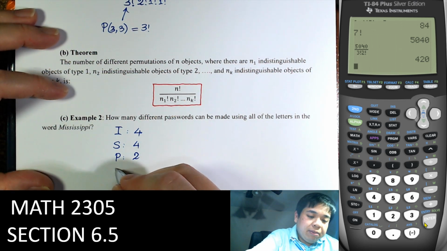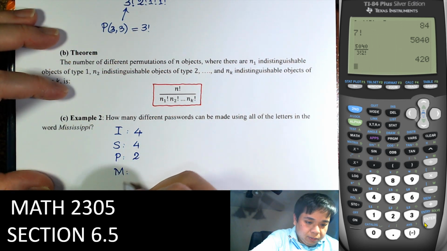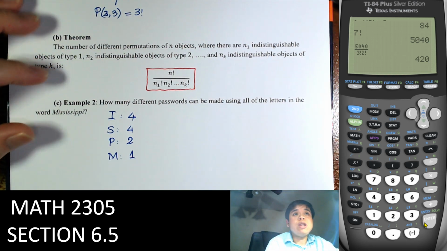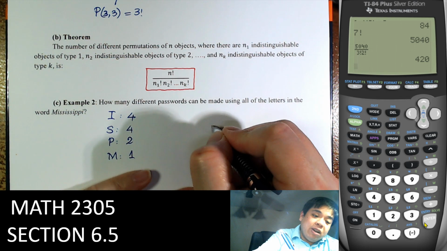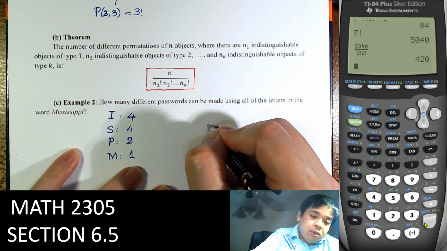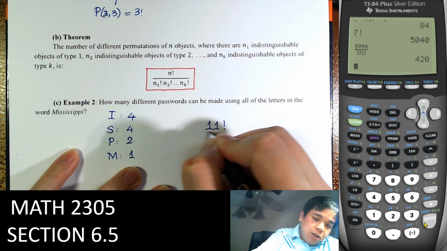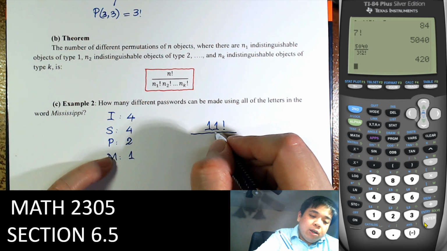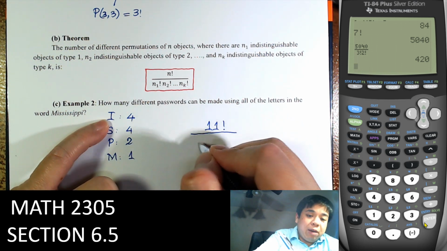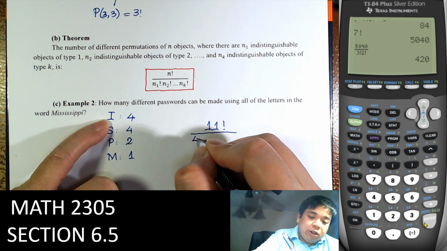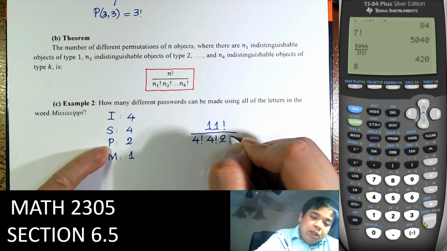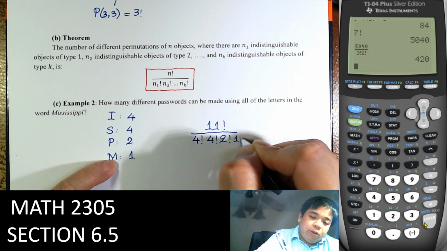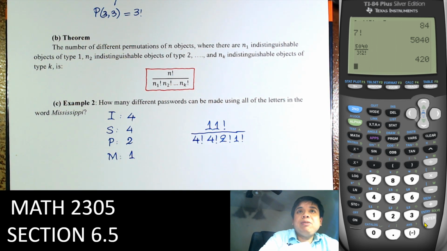And then an M, 1 m. So there are 11 letters total. If we scramble this, there are 11 letters total, but then all the i's interchange, so we have to account for that. That's 4 factorial, and 4 s's, 2 p's, and 1 for m.